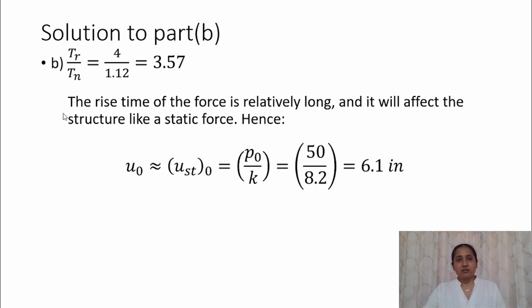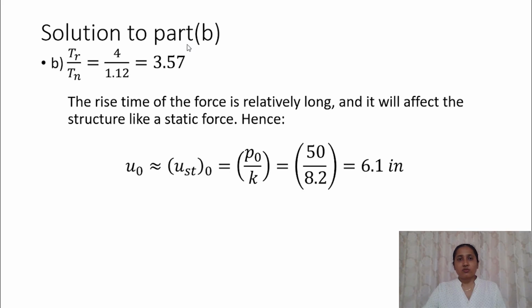So for the second case, the ratio of the rise time and the natural period is 4 by 1.12, that is 3.57. So this is very large. The rise time of the force is relatively long and it will affect the structure like a static force. So since the rise time is more, the dynamic effect due to the application of the load is less.